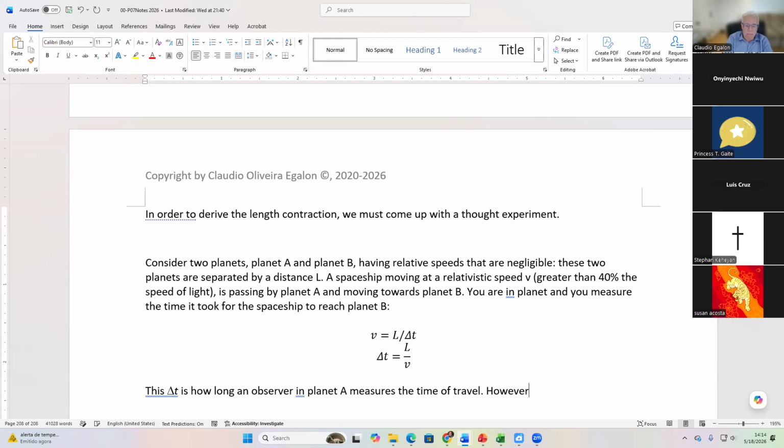However, for the astronauts, this is the moving referential that is inside the spaceship.